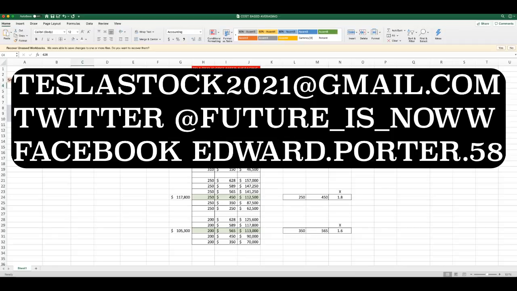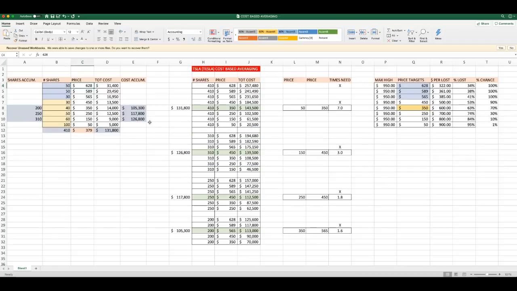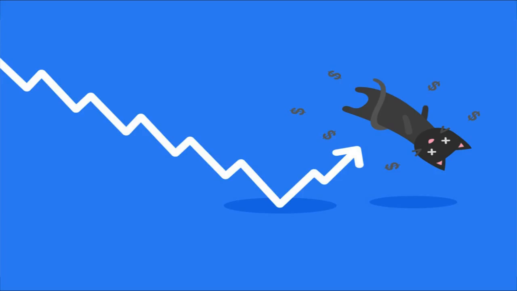This is just a general thing that I threw up here because I have to figure out a plan of attack. Do I want to keep adding more shares as it goes down? Do I want to catch a bump? If it bumps, here's another option. So instead of just cost-based averaging my situation, what I could do is basically wait for some sort of a bounce and then just kind of pull out from there and kill that position, and then kind of wait and see how it plays out.